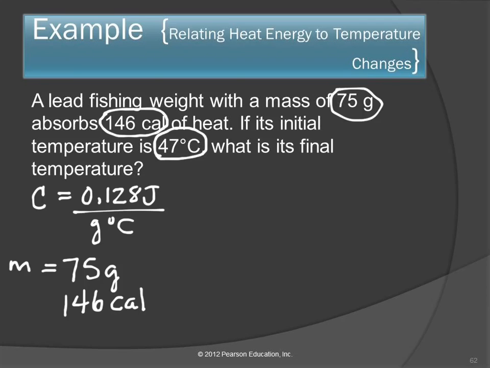What's that? That's Q. And then 47 degrees Celsius. That's obviously a temperature, but is that change in temperature? It's initial temperature. And we're supposed to find the final temperature.